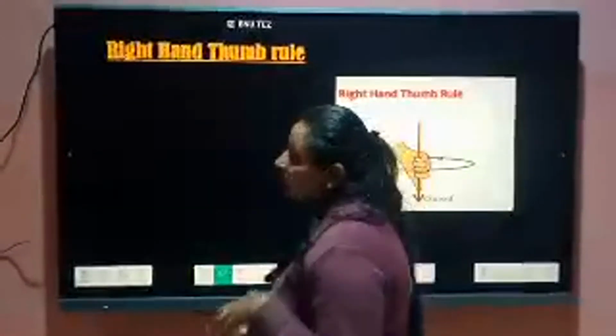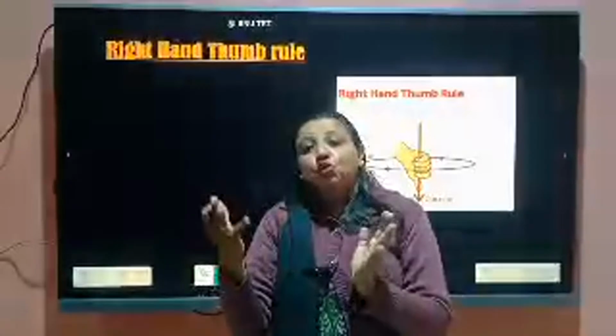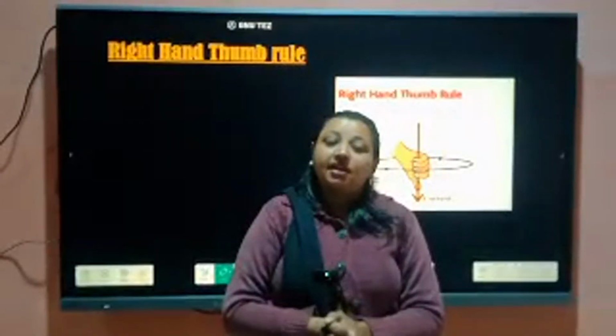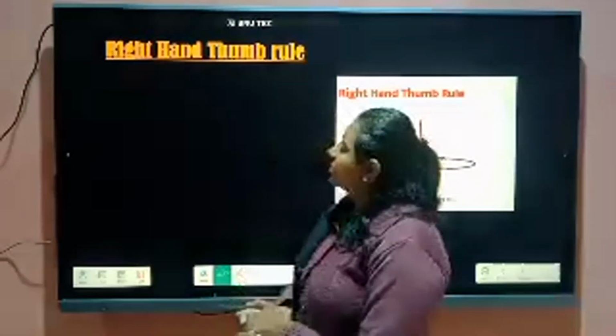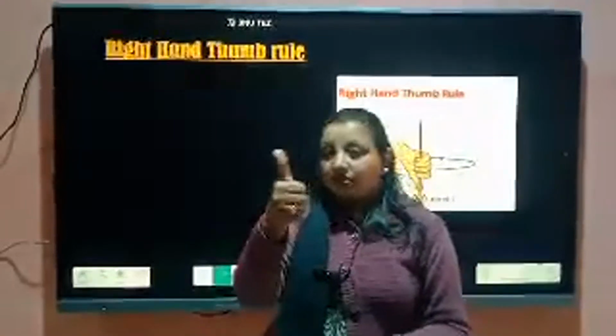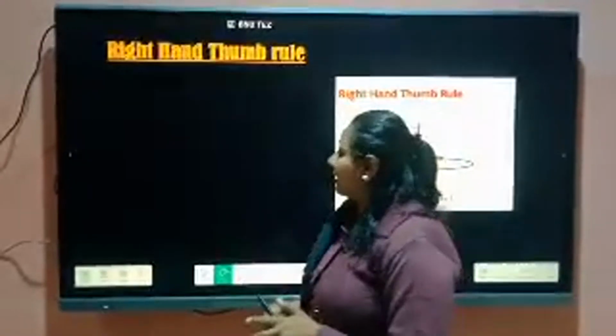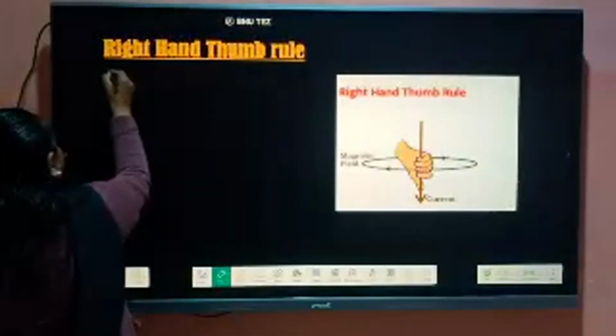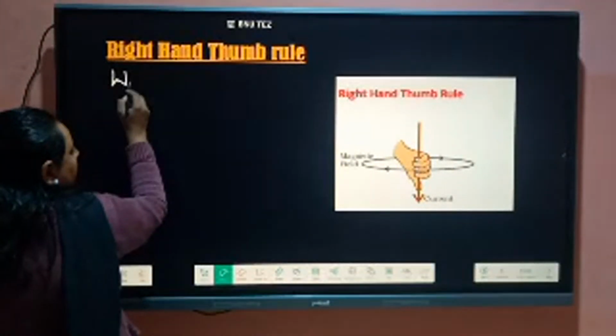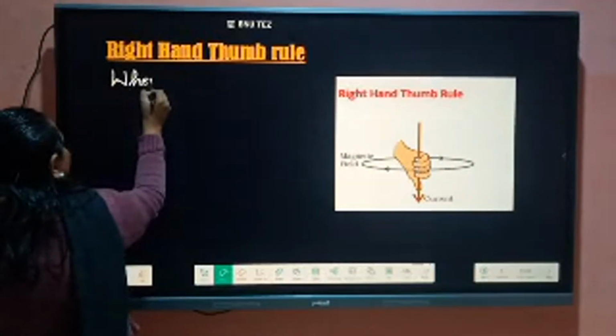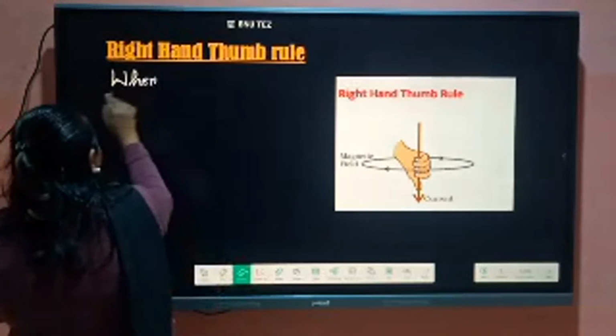Next we have, what are the different rules or laws used to determine the direction of the magnetic field? The first rule that we have is the right hand thumb rule. Okay, so what is the right hand thumb rule?